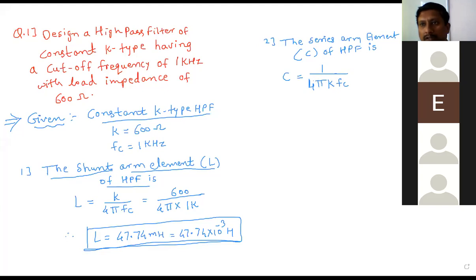So put the values and find out the answer here. 1 upon 4 pi into K, which is 600, into 1 kilohertz. So I need to calculate the C value. So the C value in microfarad, how much?